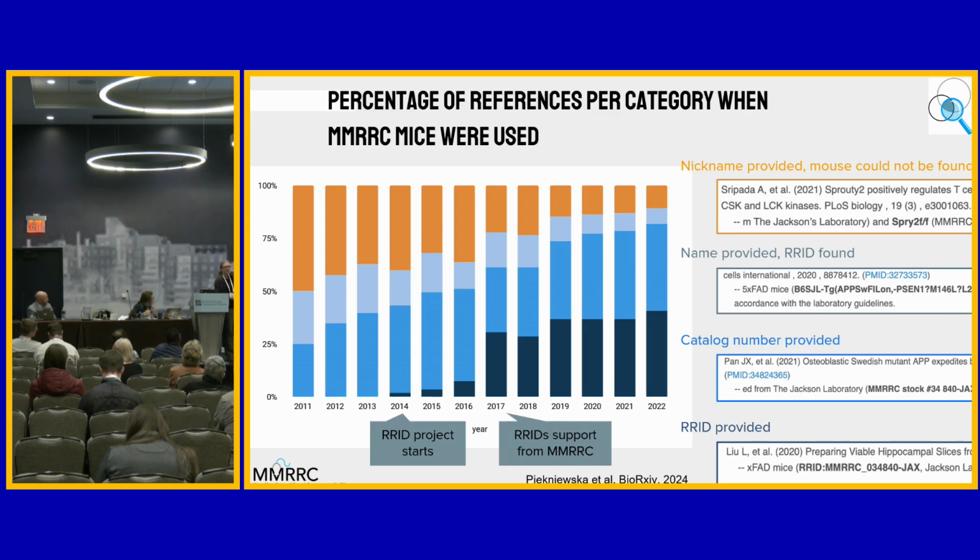And so if you look at that orange bar, see how it changes? As soon as we get into the RRID project, there aren't that many mice being referred to by nickname. When the core actually puts on their website how to cite the mice, it was the end of 2016 when they started to do that, so we started to see it in the papers.